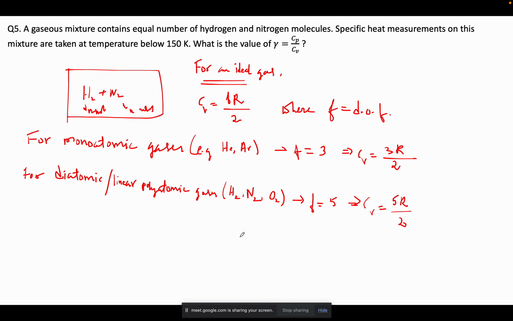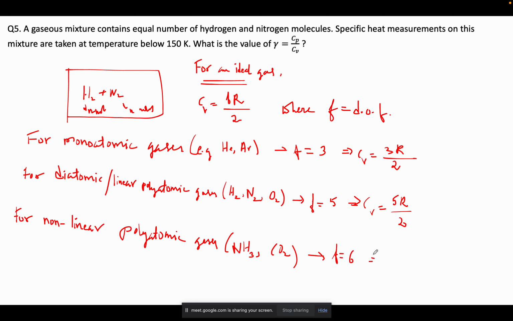And for non-linear polyatomic gases like ammonia, carbon dioxide, the degree of freedom is 6. So their CV is basically 6R by 2.